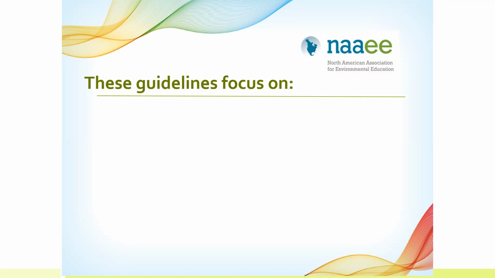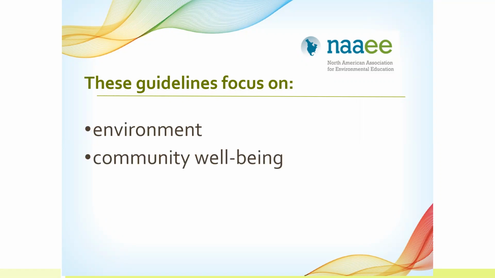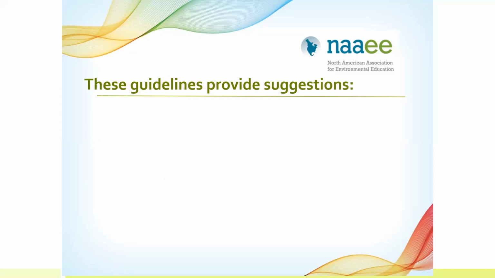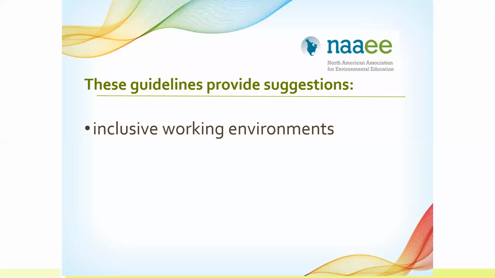All right, so these guidelines focus on several different things. They look at the environment, community well-being, sustainability, and resilience. So through this focus, we're actually trying to develop a community through these ideas. Think of a community as a system.